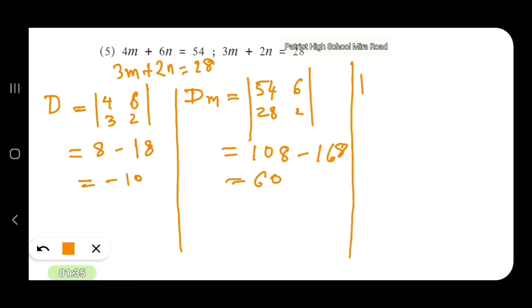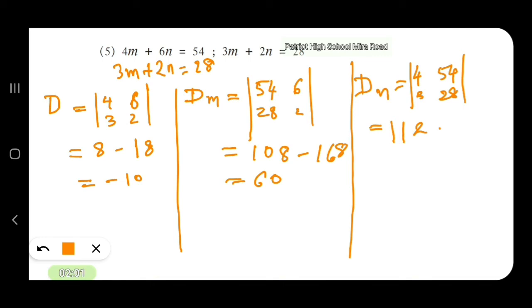Value of dn, we write the first column 4 3, and in place of the second column we write the third column 54, 28. So 4 multiplied by 28, 4 8s are 32, 4 2s are 8 and 3 is 11.